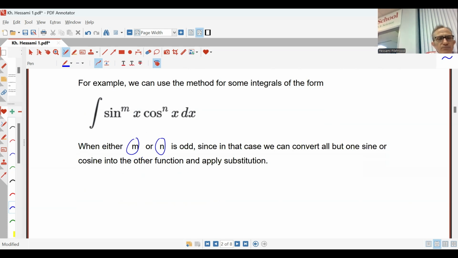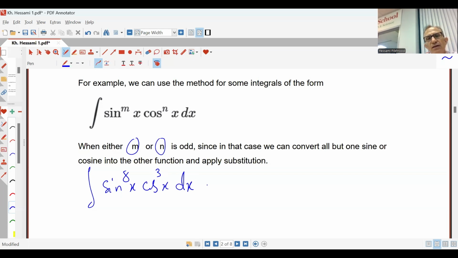So, for example, if we have the integral of sine to the power of 8x cosine to the power of 3x dx, here the power of cosine is odd. So we can convert to sine x. We keep one copy of cosine x and the rest of them, cosine square x, we convert to sine x.